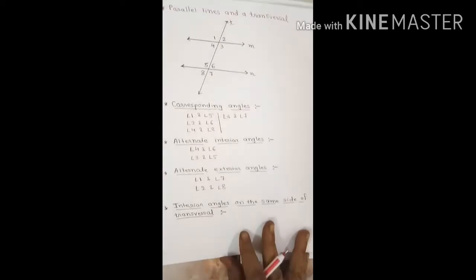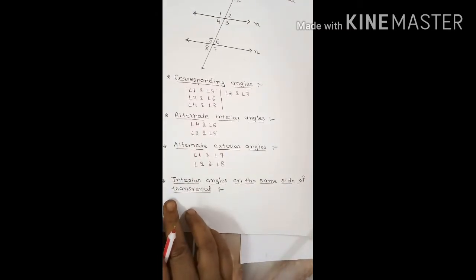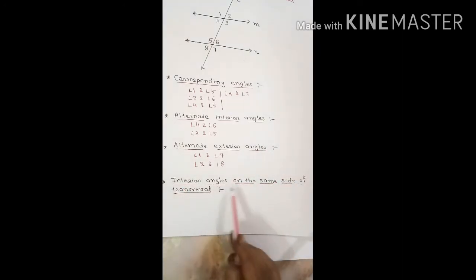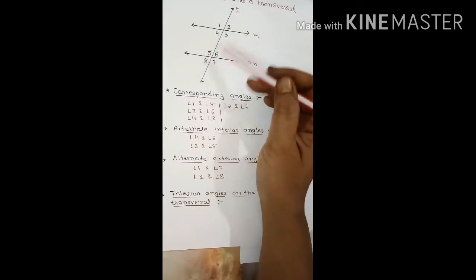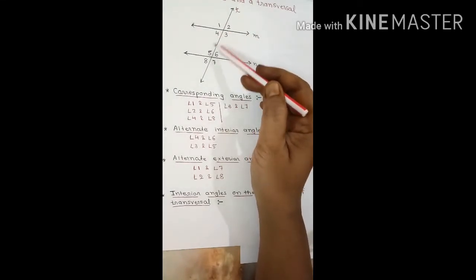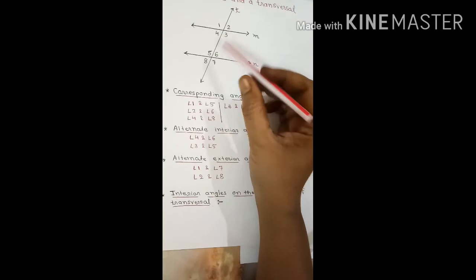Now next is interior angles on the same side of the transversal. See, from the words only it is clear. Interior angles on the same side of the transversal. Now if you see on the same side of the transversal, there are 4 angles: 1, 4, 5 and 8. Out of those, the interior ones are 4 and 5.